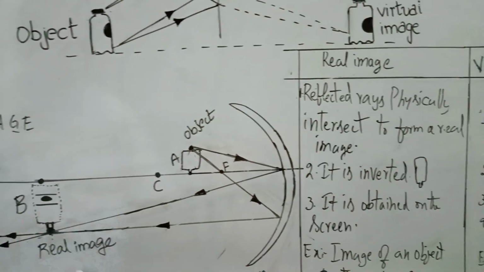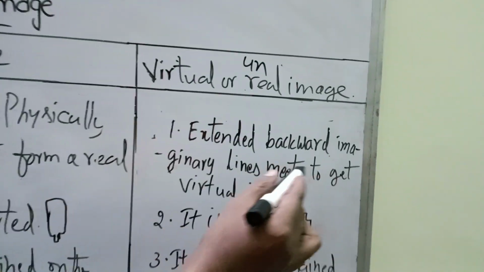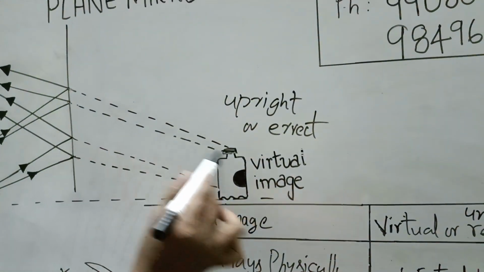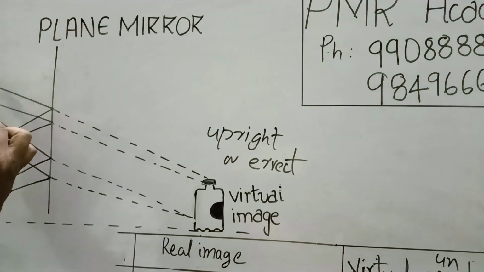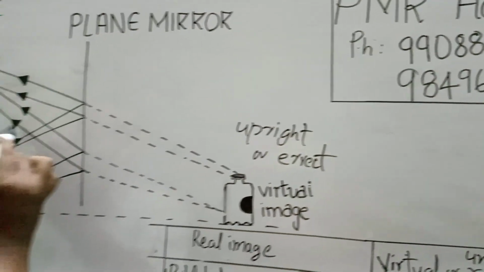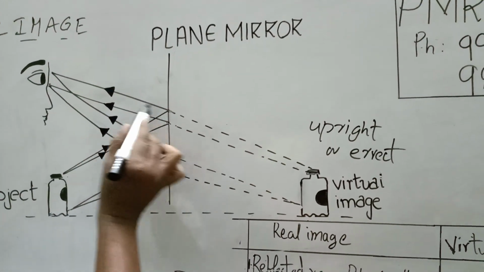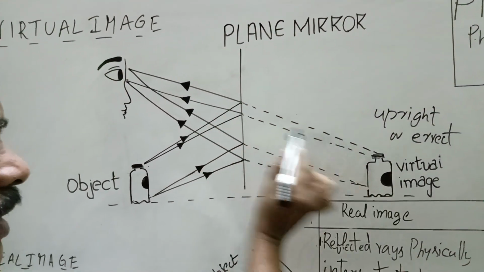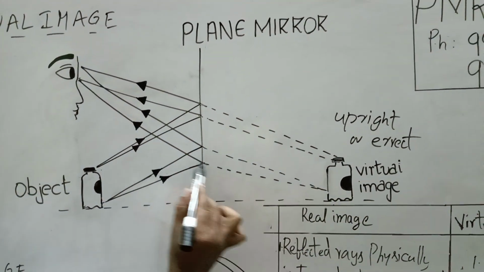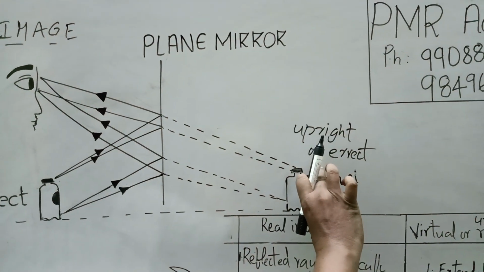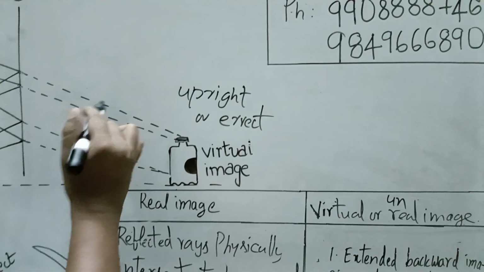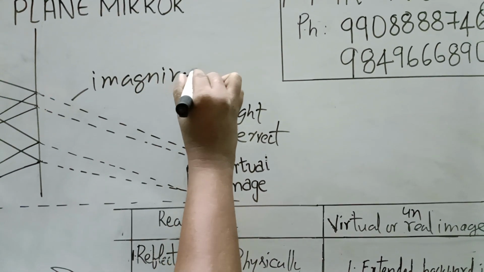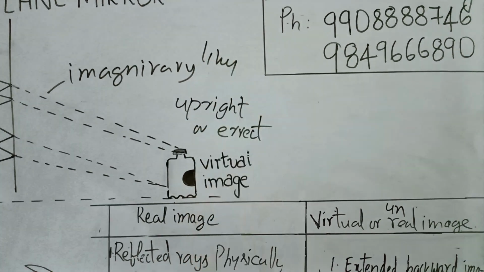Whereas in the virtual case, there are extended backward imaginary lines, indicated by dotted lines. These reflected rays are not directly meeting to form an image. Rather, they are extended backwards to get the virtual image. These are called imaginary lines, not actually formed by the mirror.